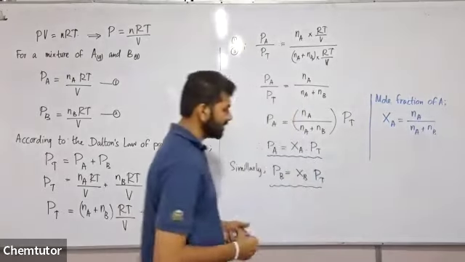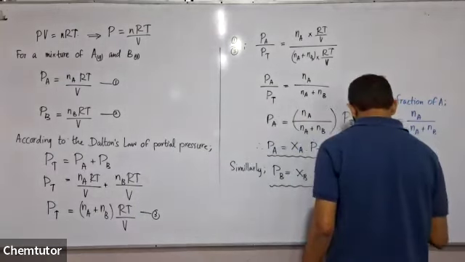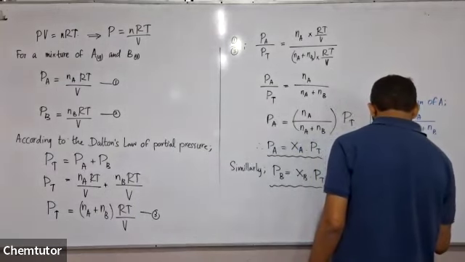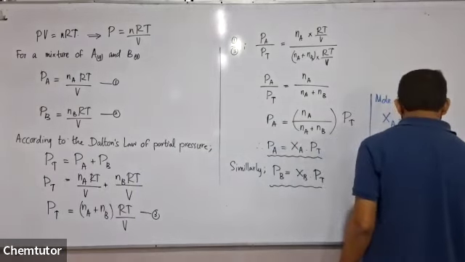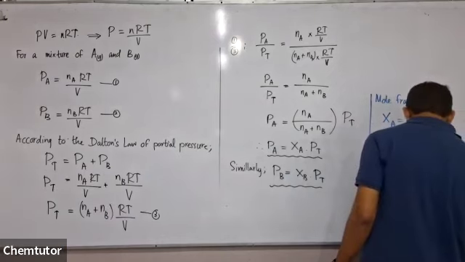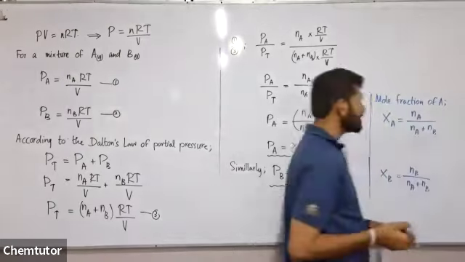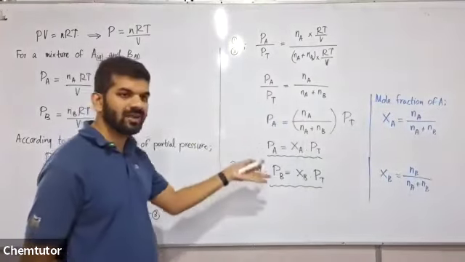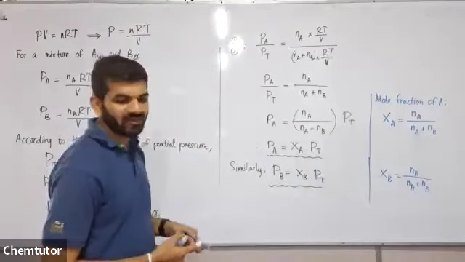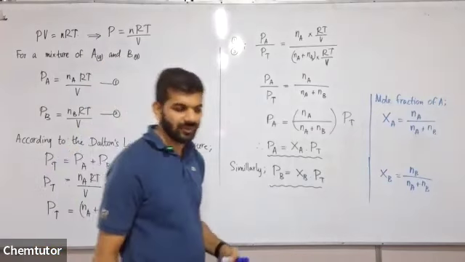Now XB equals Nb divided by Na plus Nb. So likewise, we can express the partial pressures in terms of the mole fractions in this manner. Is it clear? Right. So you can copy it out.